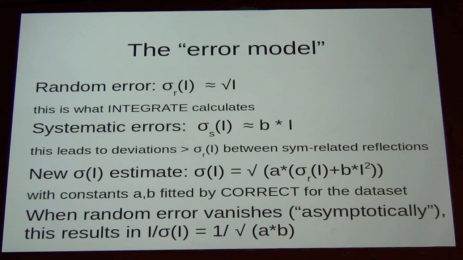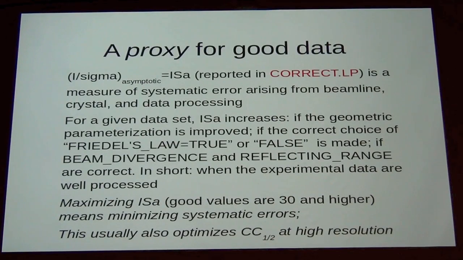And it turns out that this is a very good indicator for the quality of the overall experiment. This quantity, I over sigma asymptotic, abbreviated ISa, is a measure of systematic error that arises in your experiment from the combined effects of beamline, crystal, detector, and data processing.